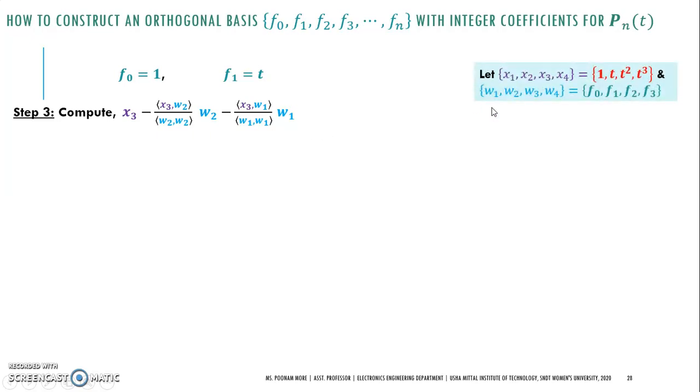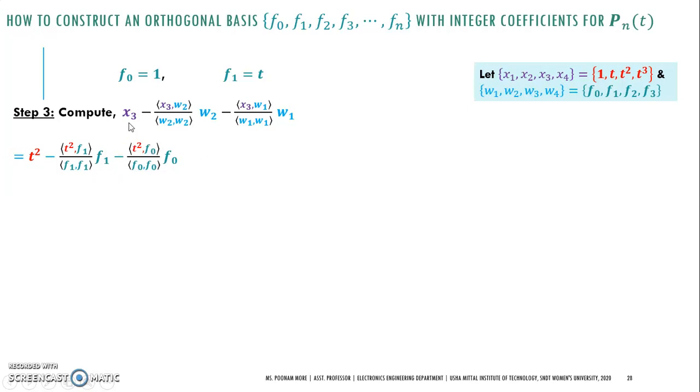As we have already set what x1, x2, x3, x4 and similarly w1, w2, w3 and w4 will be in terms of the given values in the problem statement, we will substitute the respective values for x3, w2 and w1 in this equation, and therefore this term we can rewrite for our polynomials as t square minus the inner product of t square with f1 divided by the inner product of f1 with itself, multiplied by f1, minus the inner product of t square with f0 divided by the inner product of f0 with itself, multiplying this whole term with f0.